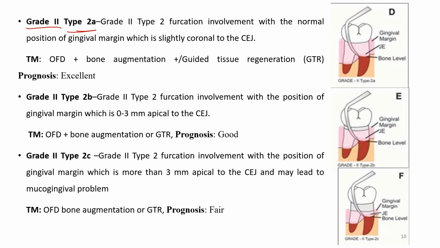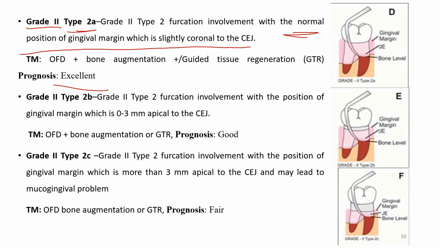Now, with these characteristics, these are further divided into grade 2 type 2A, grade 2 type 2B and grade 2 type 2C. Grade 2 type 2A, for all the characteristics of grade 2 type 2 furcation involvement with normal position of gingival margin which is slightly coronal to CEJ. Treatment modality will be open flap debridement plus bone augmentation and guided tissue regeneration.